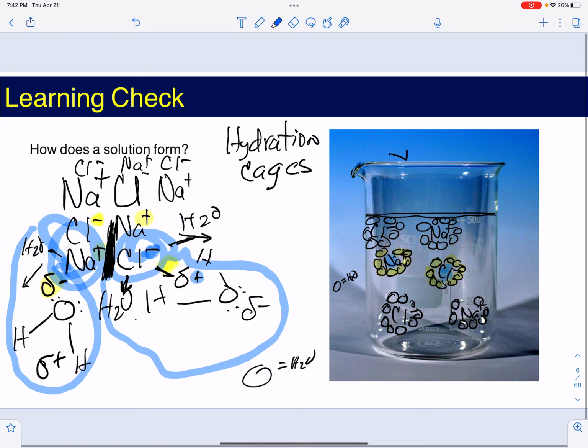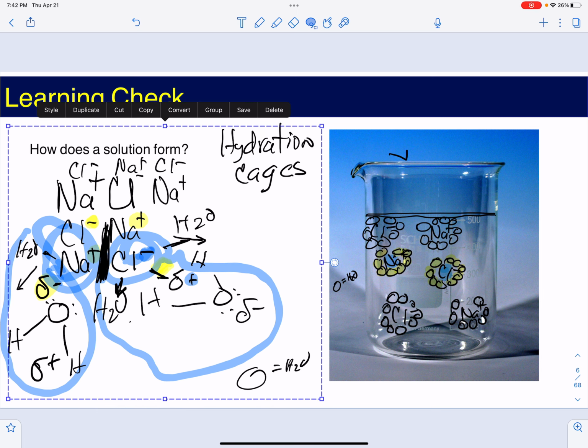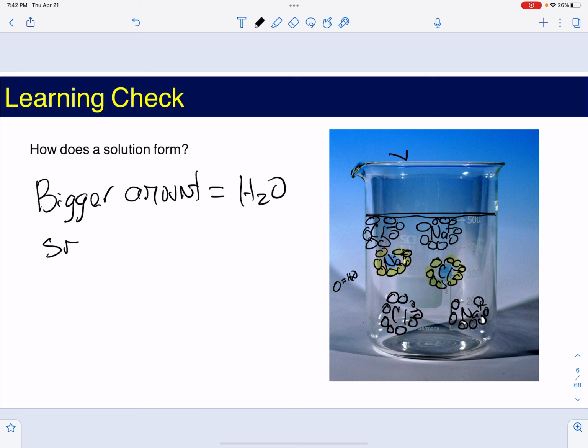So this tells us that the substance that you're using to dissolve something, in this case the water, is the one in the bigger amount, because you're going to need a lot of them for each one of them. Bigger amount, in this case, is the water. The smaller amount, in this case, is going to be the NaCl.